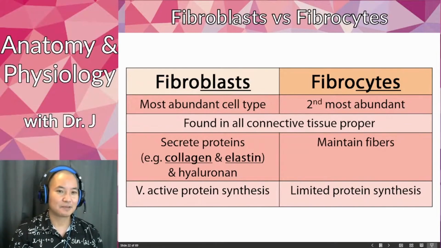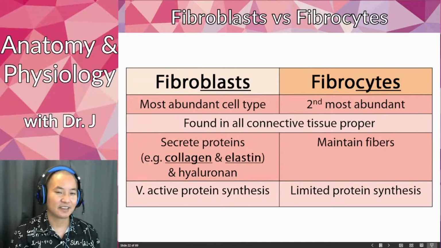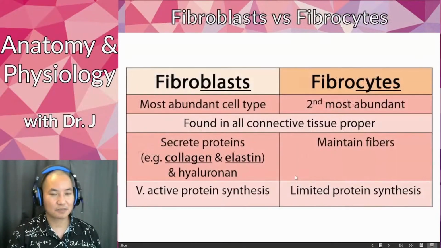But as they spend more days on the job, they slow down, and instead of being very active in making new proteins, they become more limited. They're more about maintaining the protein fibers and surrounding tissues than about secreting and building new protein fiber networks.